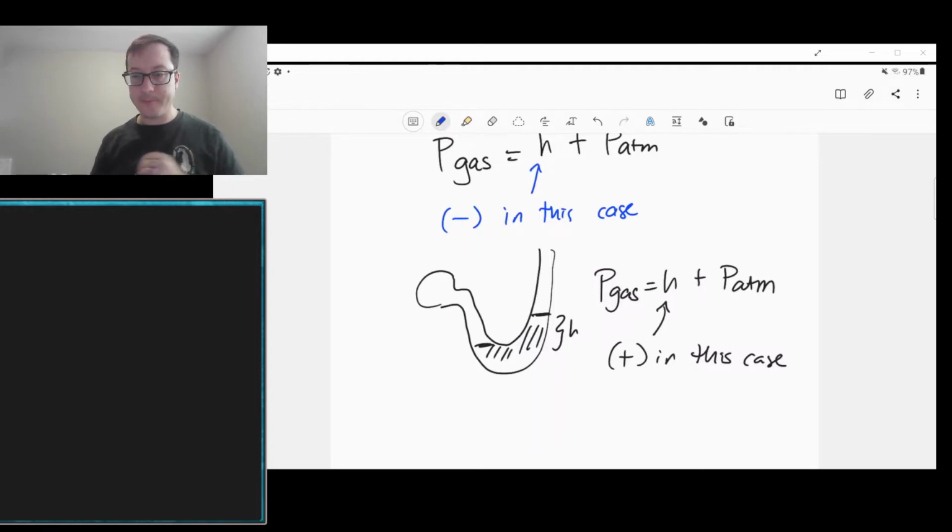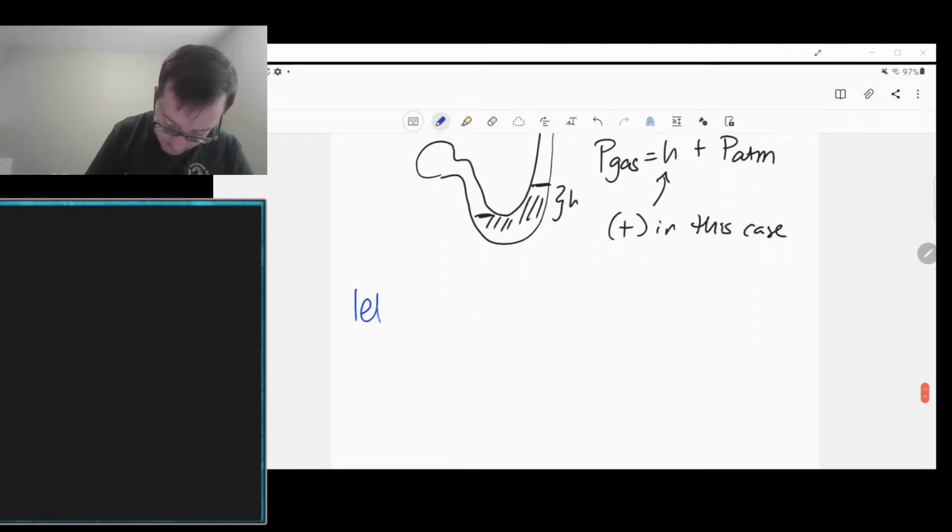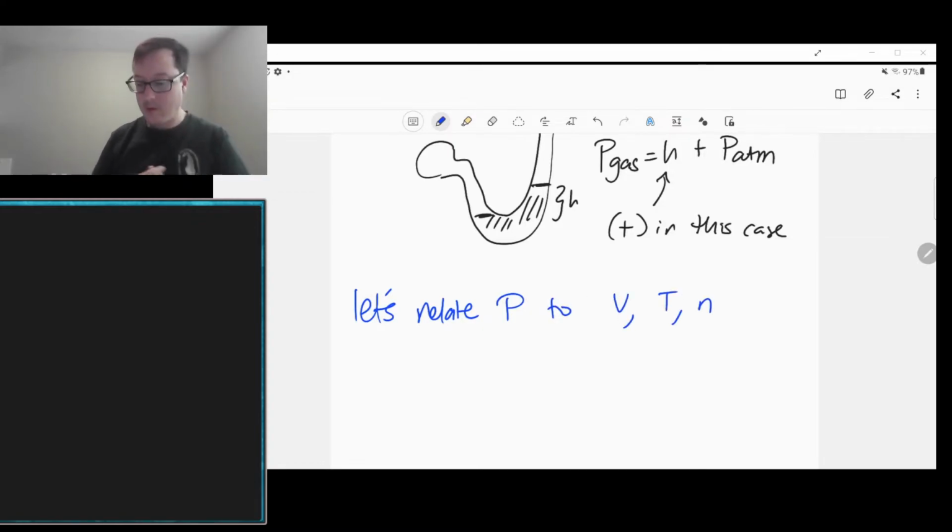Alrighty. So that's our pressure measurement thing. Let's see what we can do with this. We're going to relate pressure to our other three variables now.